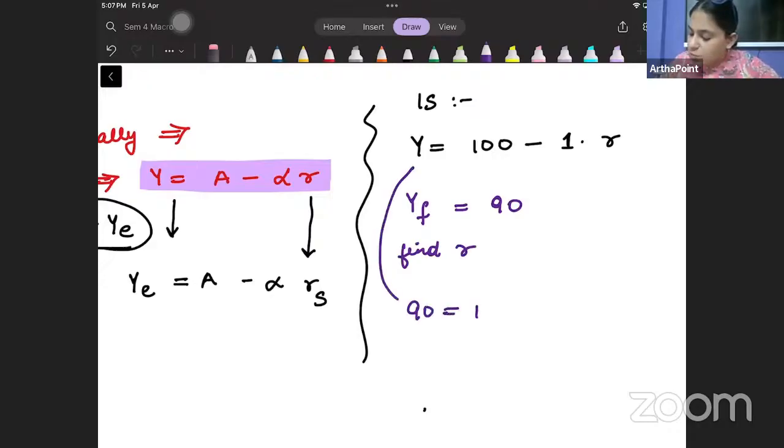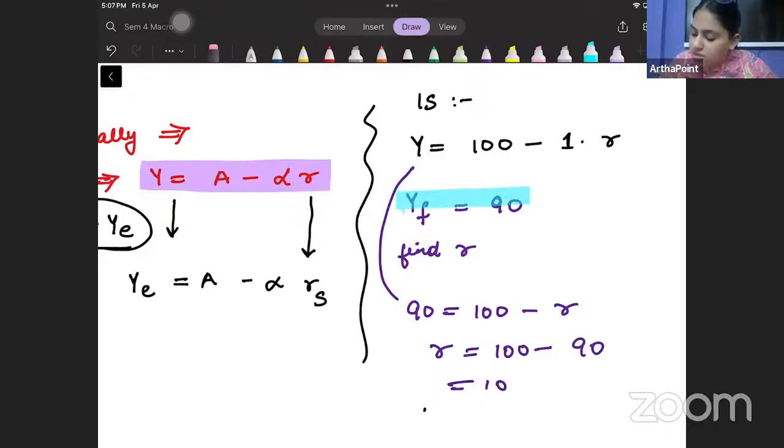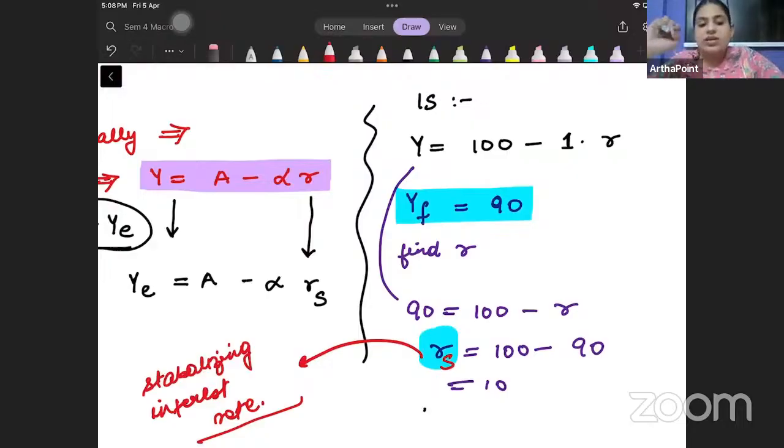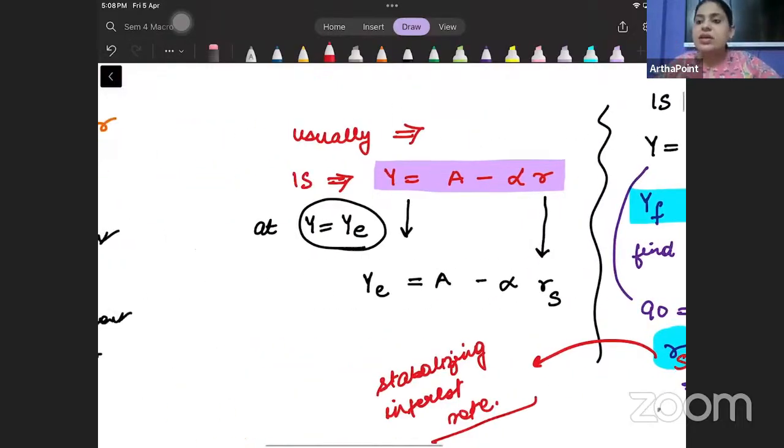So 90 is equal to 100 minus r. So r will be 100 minus 90, that means 10. So that interest rate, when output is at full employment level, is known as the stabilizing interest rate. That interest rate is called the stabilizing interest rate.